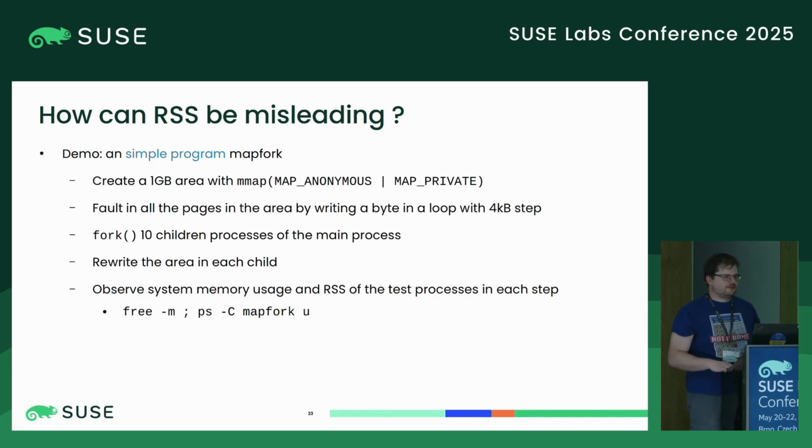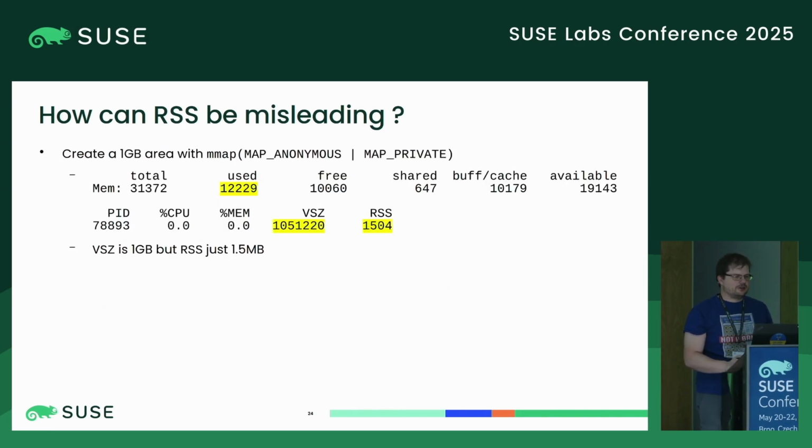Consider this program. When I put the slides online, there will be a link to it. But what it does, it creates a memory area and then forks the process, which should mean there are now 10 children processes with the same gigabyte memory area, and then each of the children writes into the same memory area. And we can observe what it does in the PS output or in the free output.